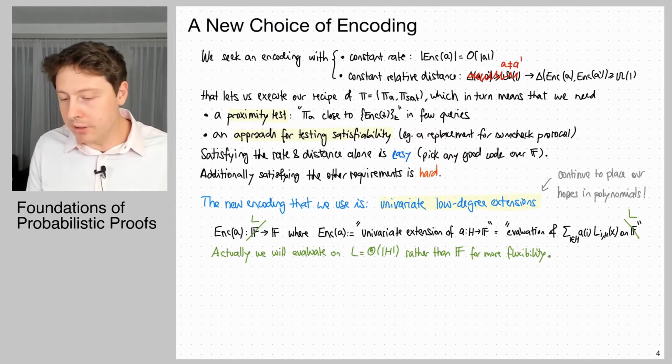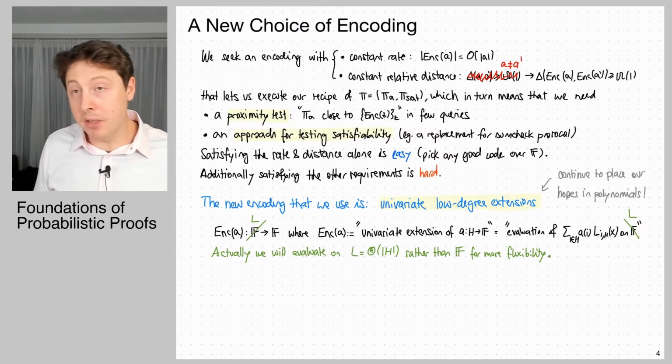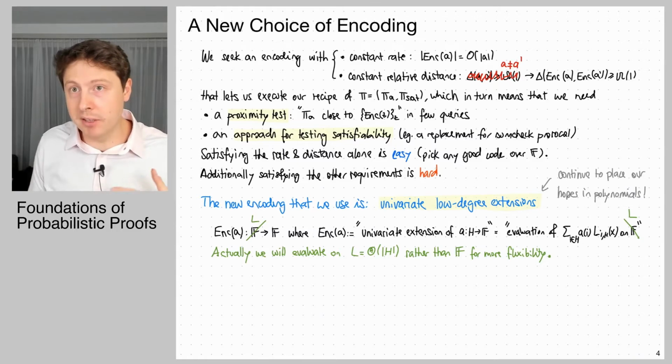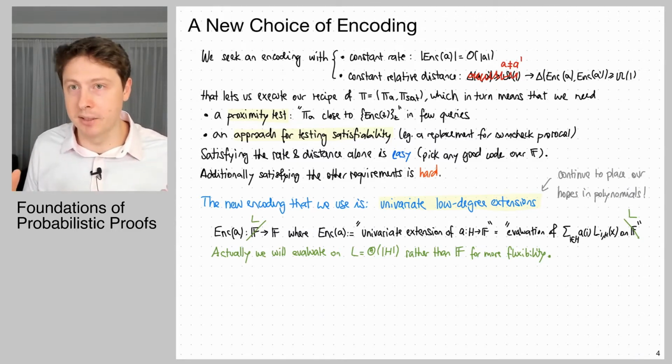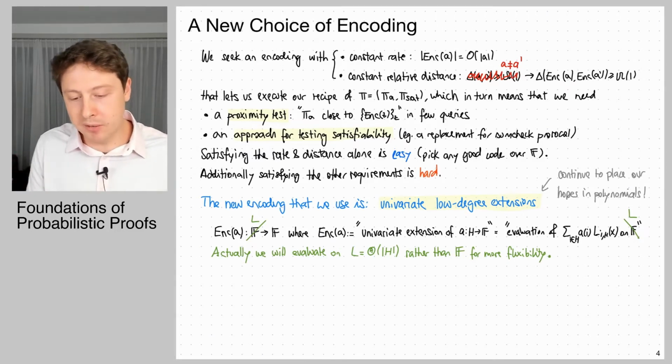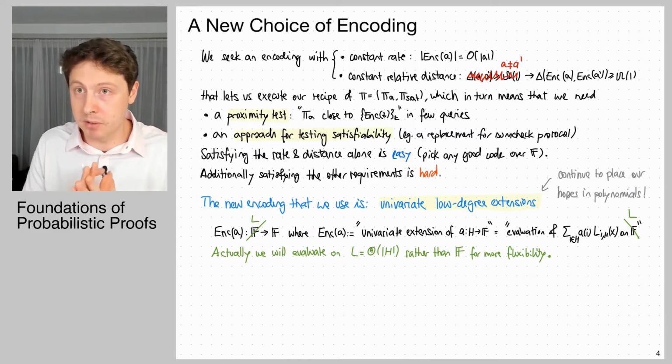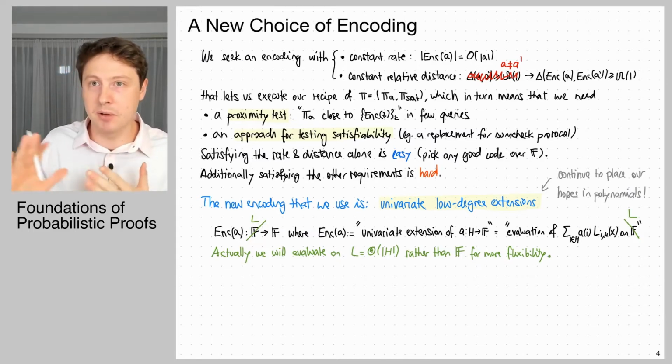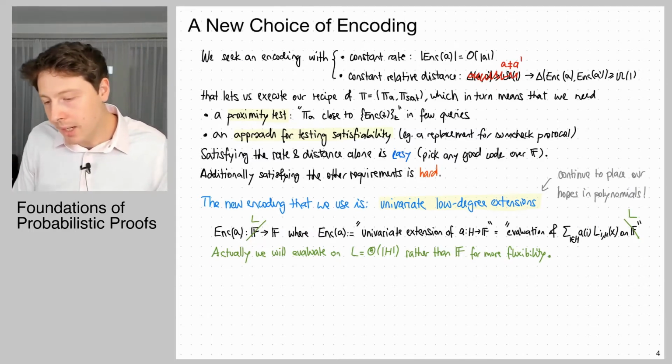Why not choose it to be the field? Because that's kind of what we've done so far, right? Every time we took a multivariate logic extension, we evaluated it over F to the n, the whole field hypercube. Why not evaluate the univariate extension over the single field line, everywhere you can? There's a couple of reasons.